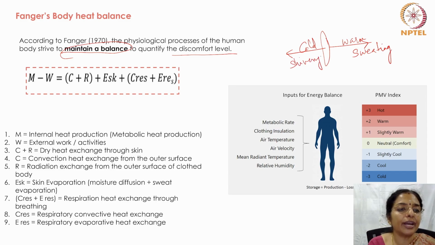This is to ensure that the internal heat production and the external work activities should be equated to the dry heat exchange through skin. So M is the internal heat production and W is the external work or activity.